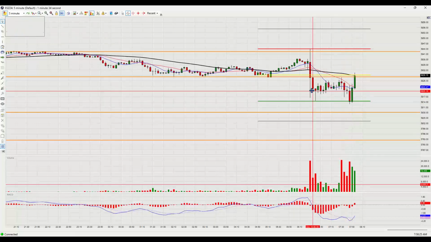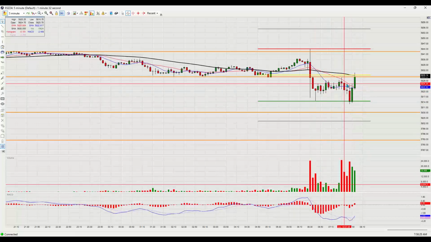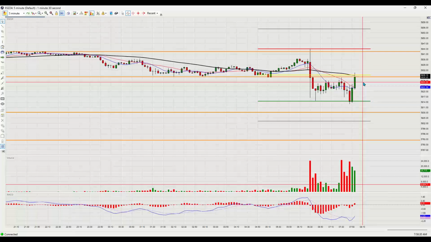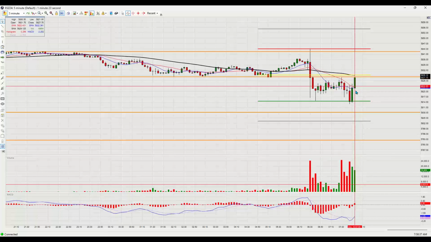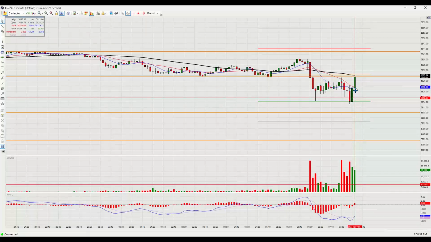Again, this consolidation, this waves within waves. The market never has to do anything that I want it to do or expect it to do. I have a healthy respect for the market.